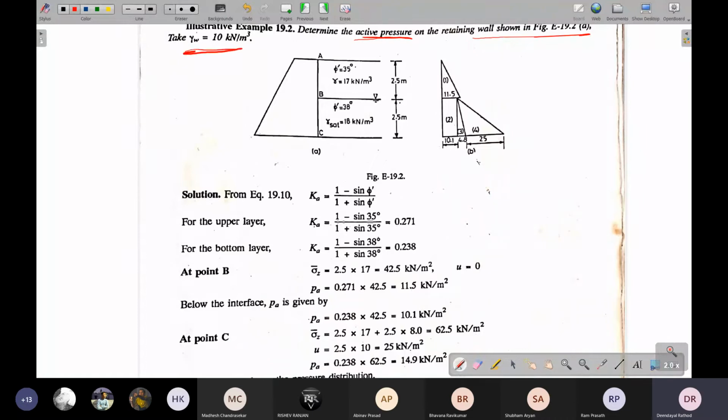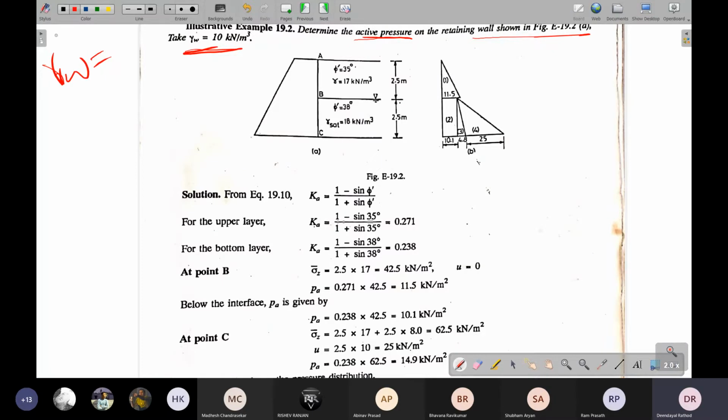The unit weight of water is given as 10. Sometimes if it is not given, you take 9.8. If it is given, then 10, you just take it. Whatever is given, you just take it. Otherwise, you should assume 9.8 only.